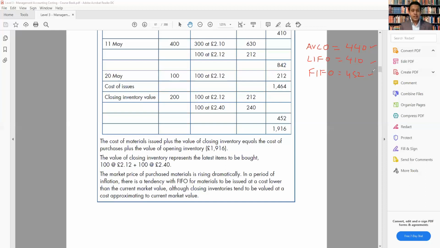Now let's try to understand how it works in the profit statement. Let's say I have a profit statement, and here I'm using all three methods: FIFO, LIFO, and AFCO. And I say I have sales. Sales is 1000 for all three methods.